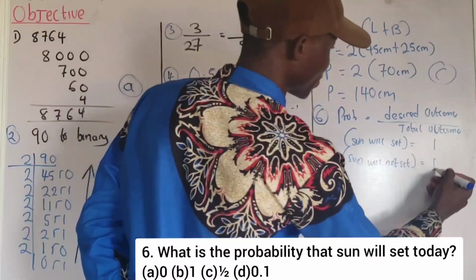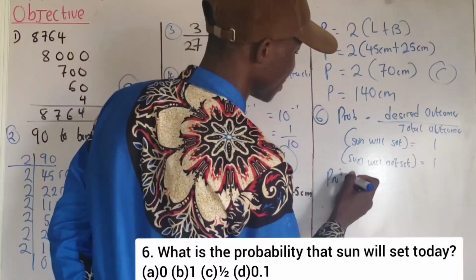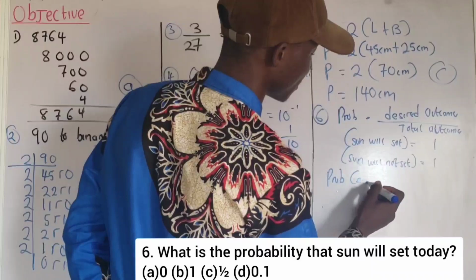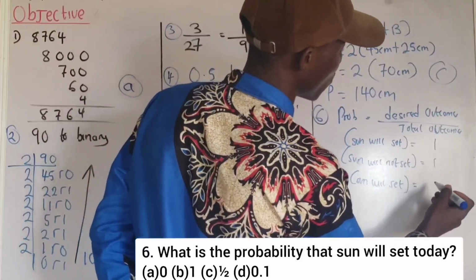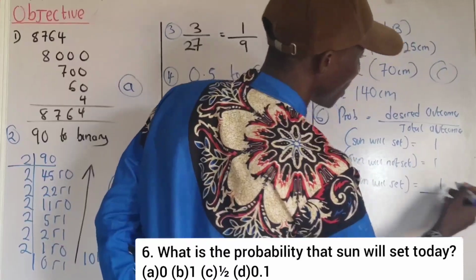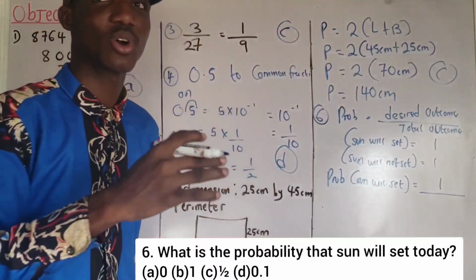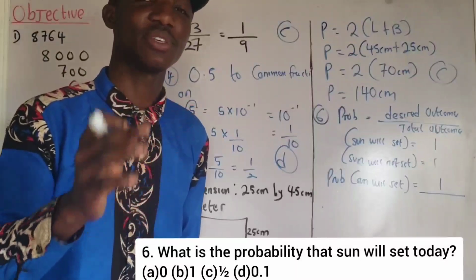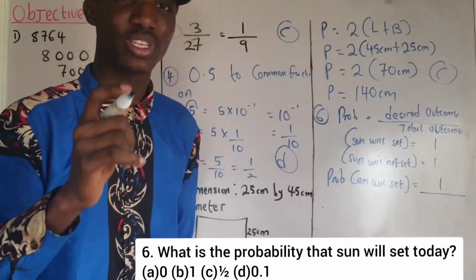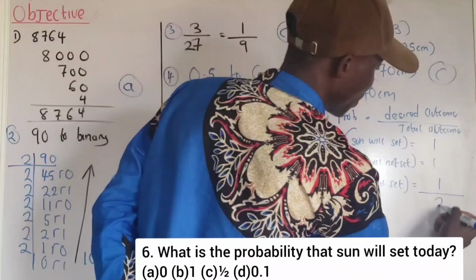The sun will not set, let us call it 1. So the probability that the sun will set will be equals to 1 all over the total outcome. The total outcome will be the sun will not set, which is 1, and the sun will set, that is also 1. Okay, 1 plus 1 is what? 2. So we're going to have 1 over 2.